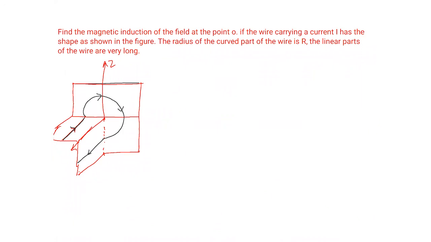There are two semi-infinite wires and there is 3/4 of the circle. This is the y-axis. This is the x-axis.